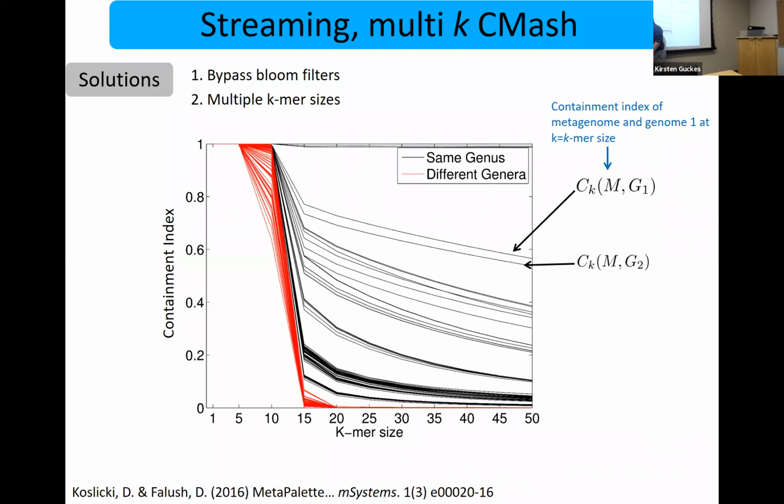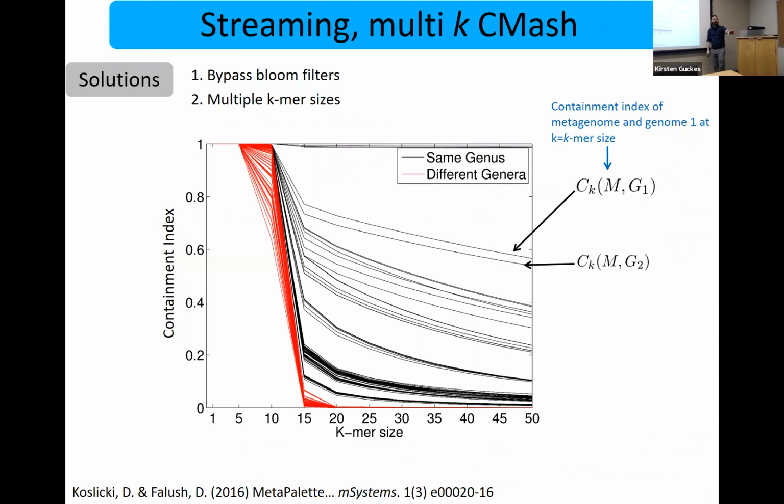And then as you increase the k-mer size, you're increasing your specificity. Even if we went way out here to a very large k-mer size, we're basically at that point doing exact matching. Does this whole entire genome exactly show up in my sample? So it's not too surprising that the shape of this plot is decreasing like this.